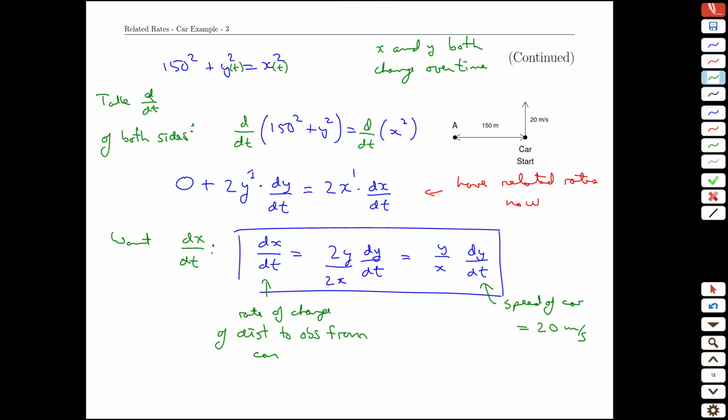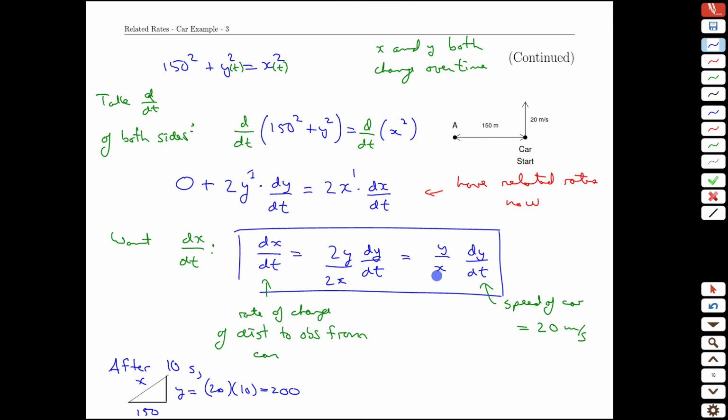And here, it depends on the problem, but what we can say fairly conclusively, because the situation for the car is fairly simple, is that after 10 seconds, we need to know the y and the x quantity. So there's our x, our y, and our 150. After 10 seconds of moving at 20 meters per second, we know that y is going to be 20 meters per second times the 10 seconds, which is 200.